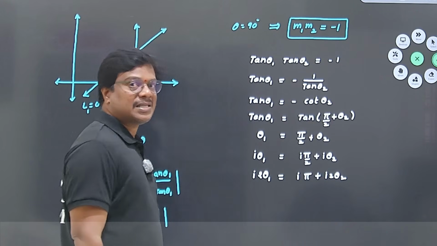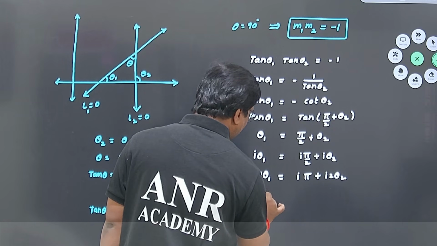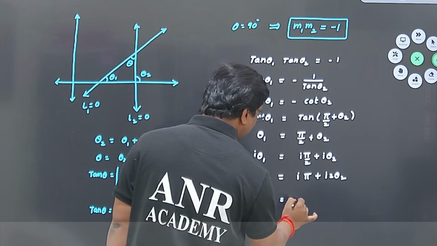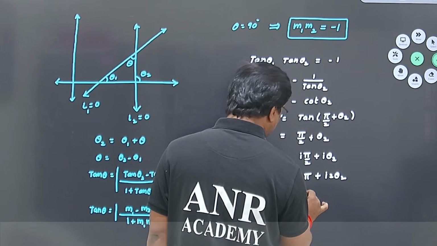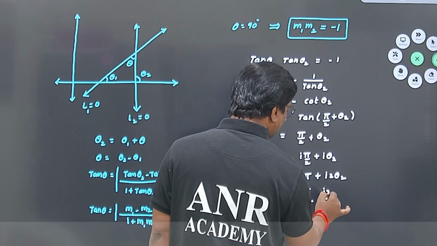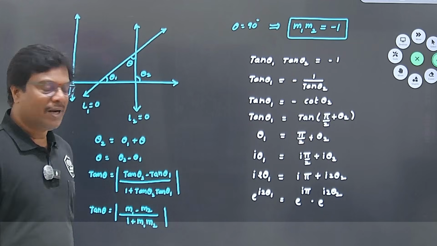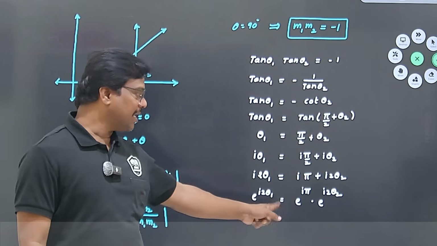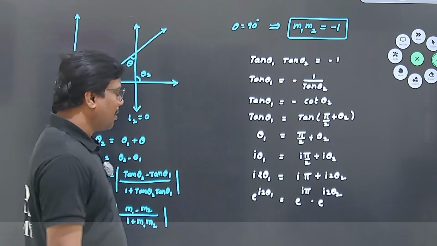If you apply base e power, e power I 2 theta 1 equals e power I pi multiplied by e power I 2 theta 2. This is a power m into a power n, in the right hand side a power m plus n, that is e power iota pi plus iota 2 theta 2.